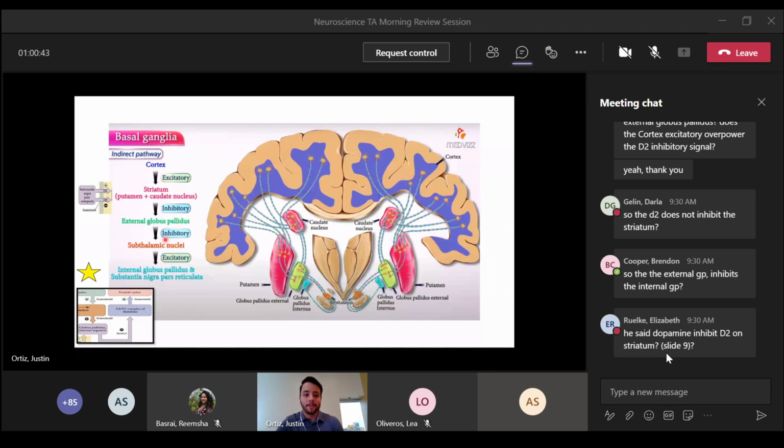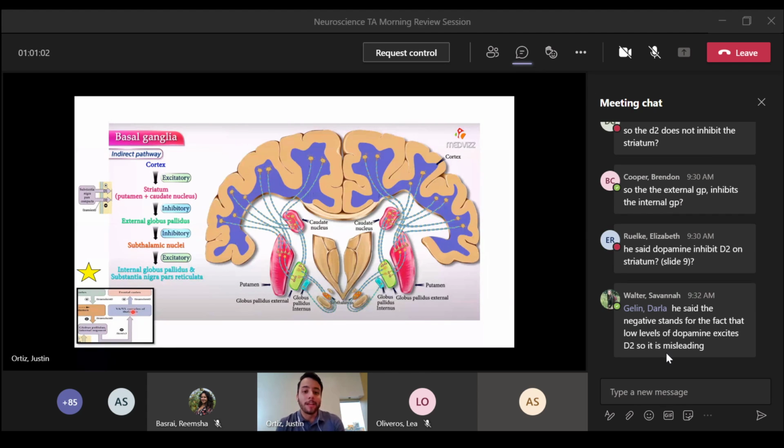So now it's going to excite the globus pallidus internus and the substantia nigra pars reticulata. And what does the internal globus pallidus do? It inhibits the thalamus. So in this pathway, the globus pallidus internus inhibits the thalamus, and it will inhibit movement.